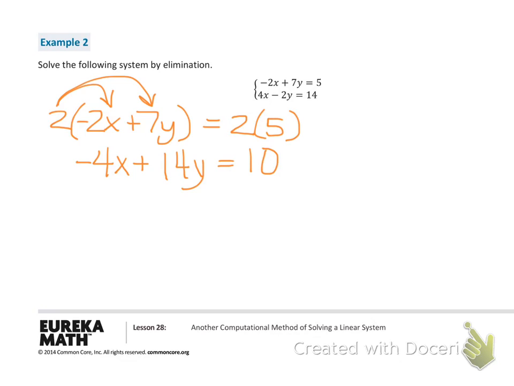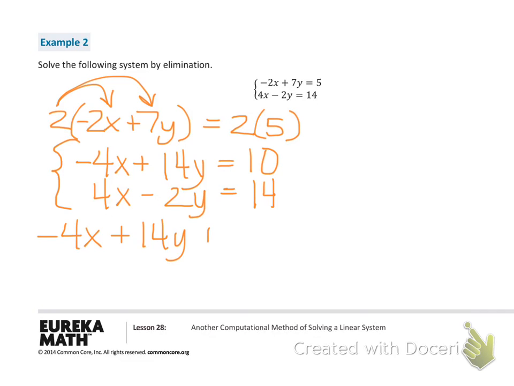Okay, so this equation is equivalent to that one right there. And so I've still got my equation 4x minus 2y is equal to 14. So I have this new system here, which is the exact same system. It has the same solution. And I'm going to add these together. So I'm going to get negative 4x plus 14y plus 4x minus 2y is equal to 10 plus 14.